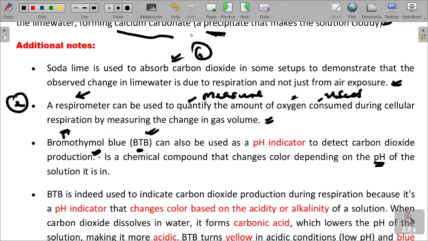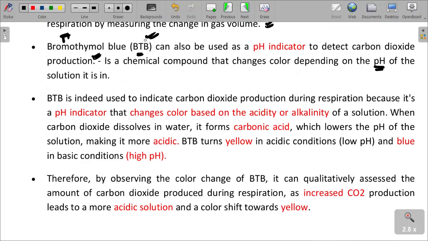You shall see this. This chemical compound changes color depending on the pH of the solution that it is exposed to. So check here. BTB is used to indicate carbon dioxide production during cellular respiration because it is a pH indicator.